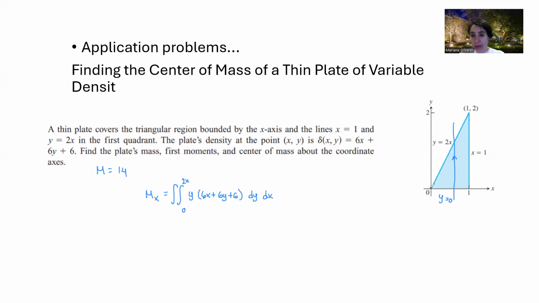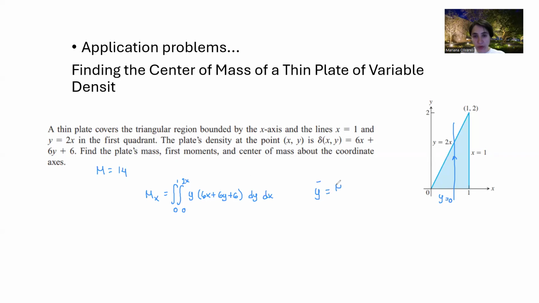And the smallest limit of x is 0, and the highest limit of x is this 1 here. So we get a 0, 1. Okay? So you need to solve this formula. And once you have it, you can calculate with that the y component of the center of mass.